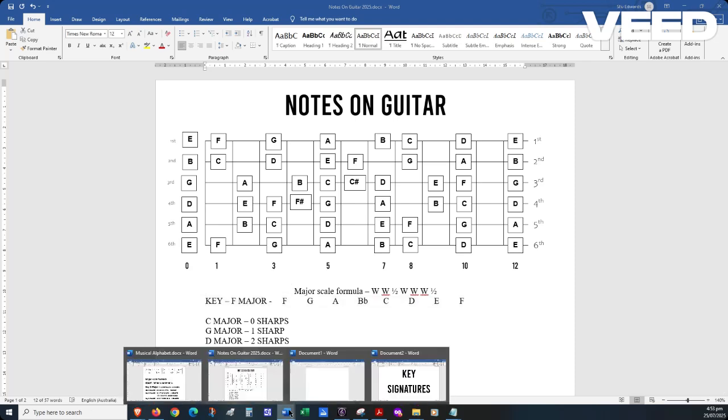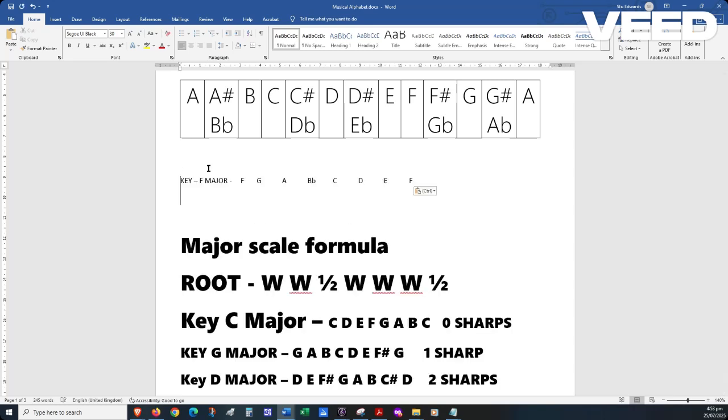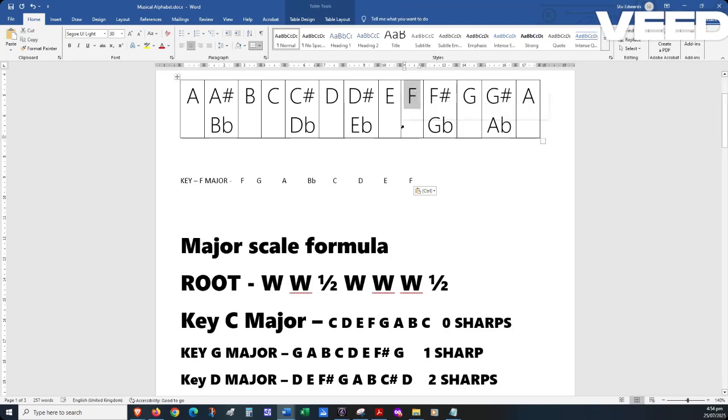We're going to come back to the musical alphabet over here, and we're just going to check our working. So starting on the F, this is called the root note. We're going to go whole to G, whole to A, half step now. Because we've had A, we call it B flat.